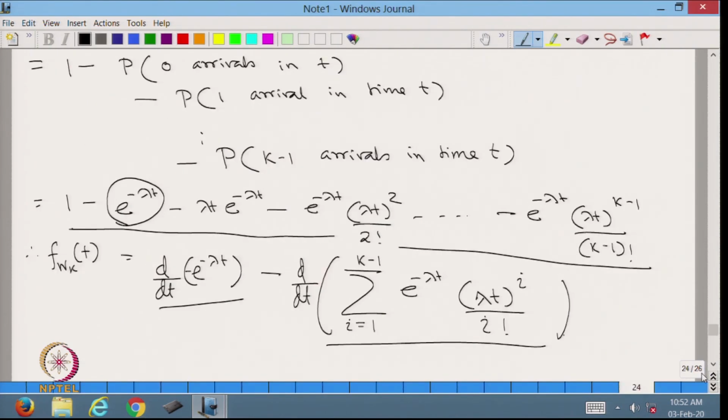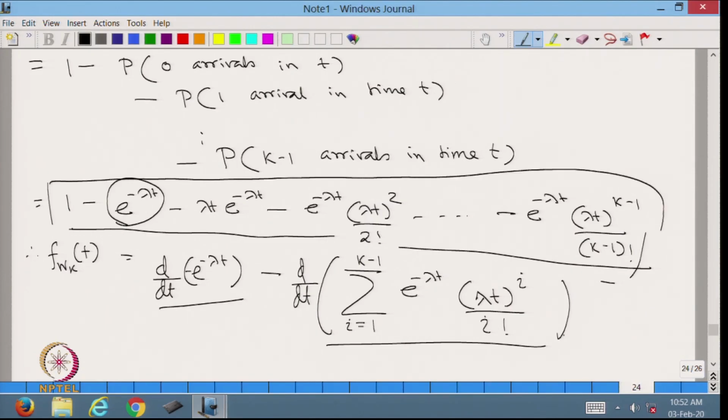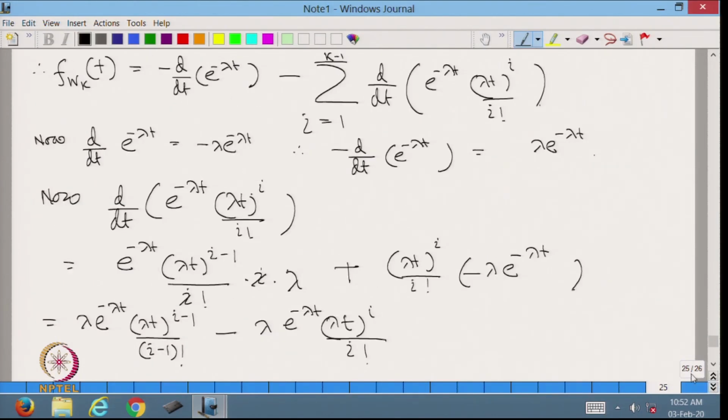Now, let us look at this entire term. We have computed this derivative, but it will have a minus sign, and d/dt of minus e^(-λt) we have already calculated to be λe^(-λt).